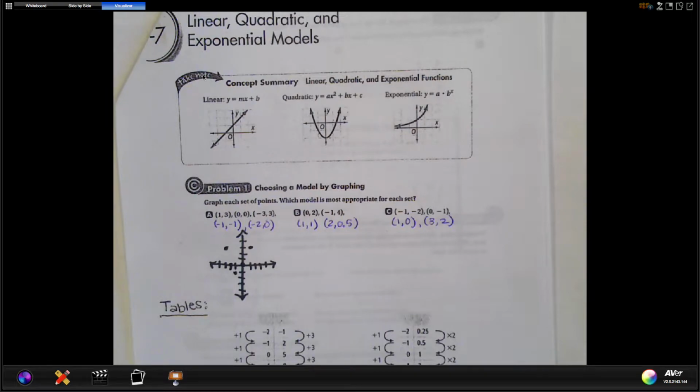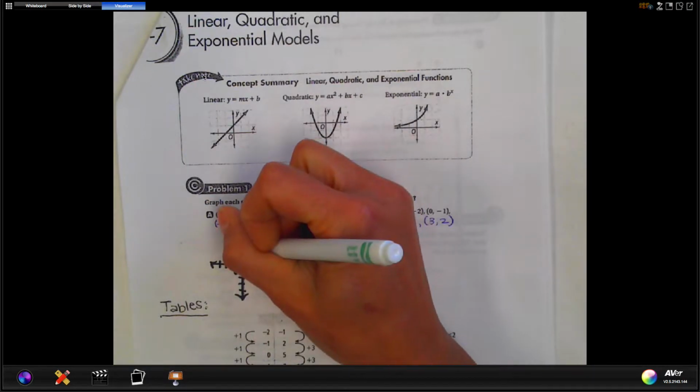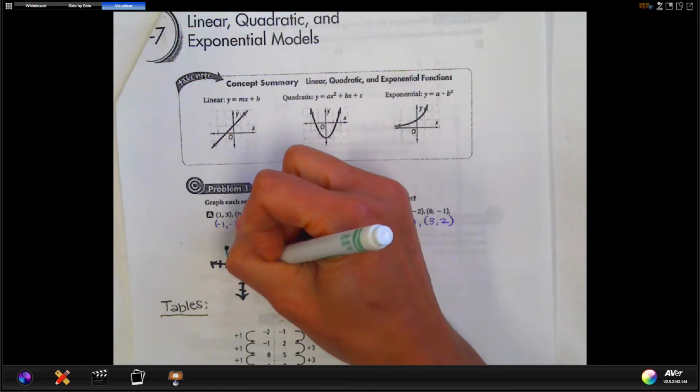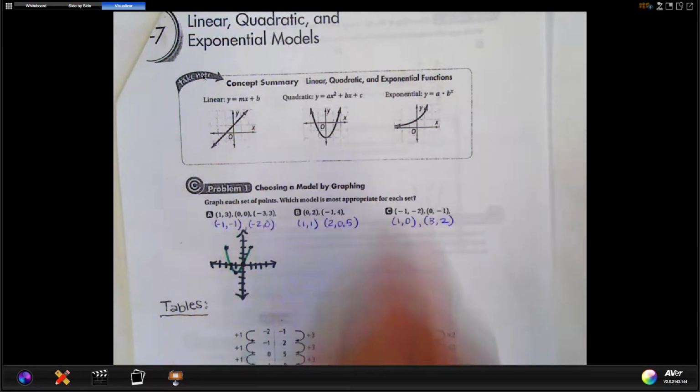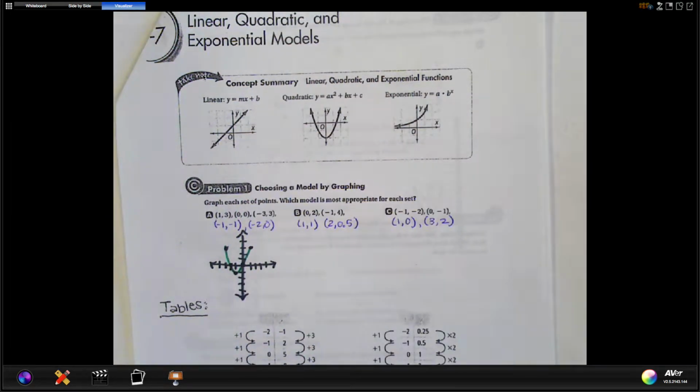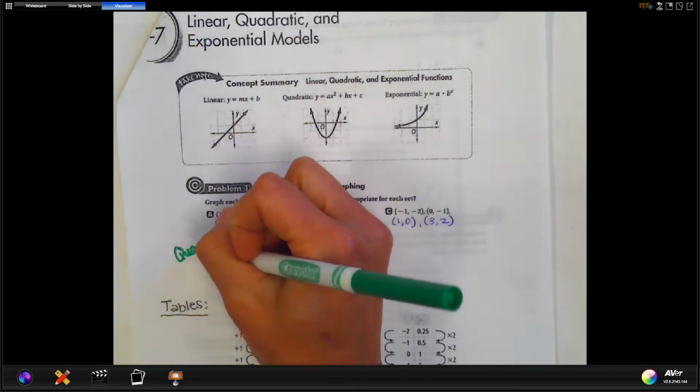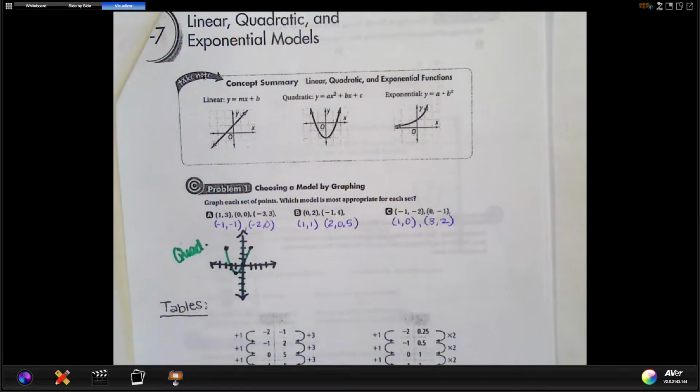I should have probably done the dots in a different color. But if I were to connect them, what does it appear to be here? What kind of graph does that look like? Go, Xavier. Quadratic. Yeah, this is a quadratic graph. It makes that nice parabola, and even just sketching it out, you can see it's going to make that U shape. It's a quadratic.